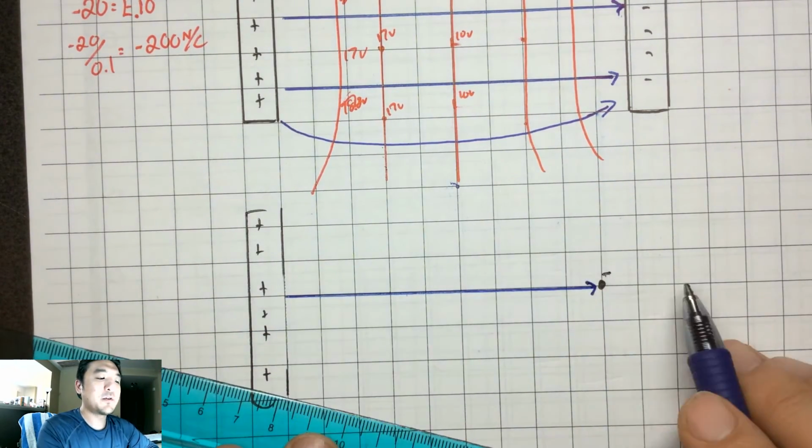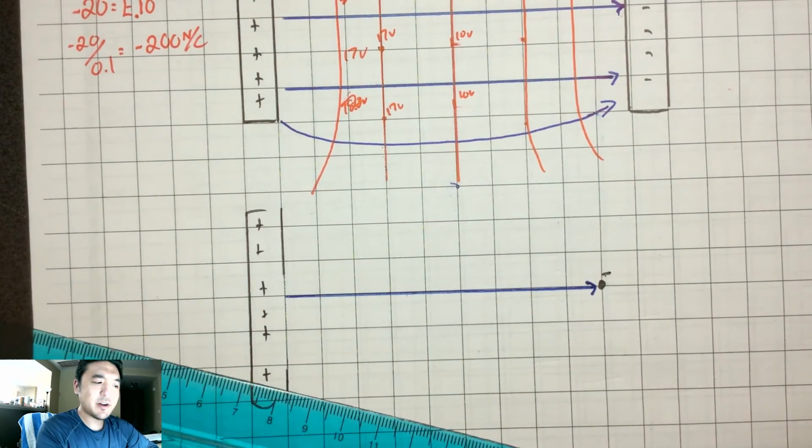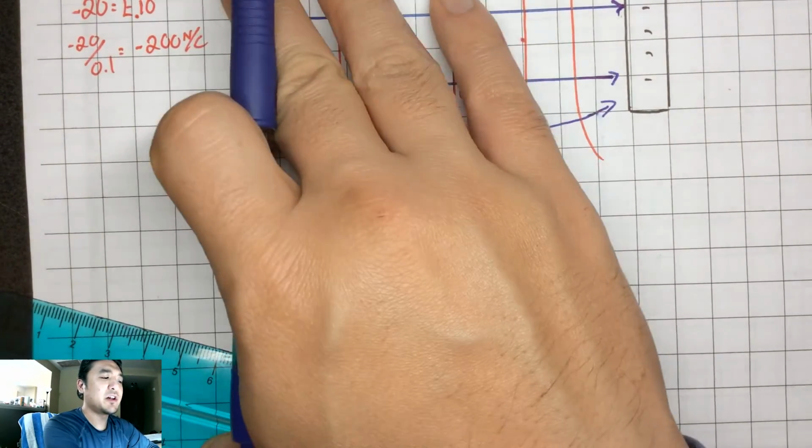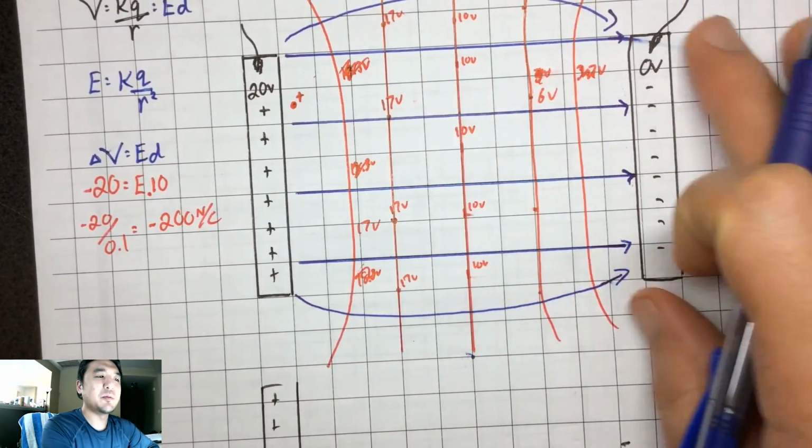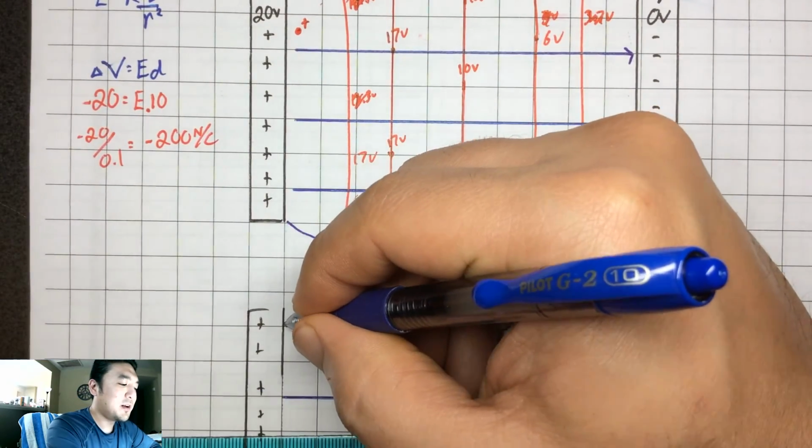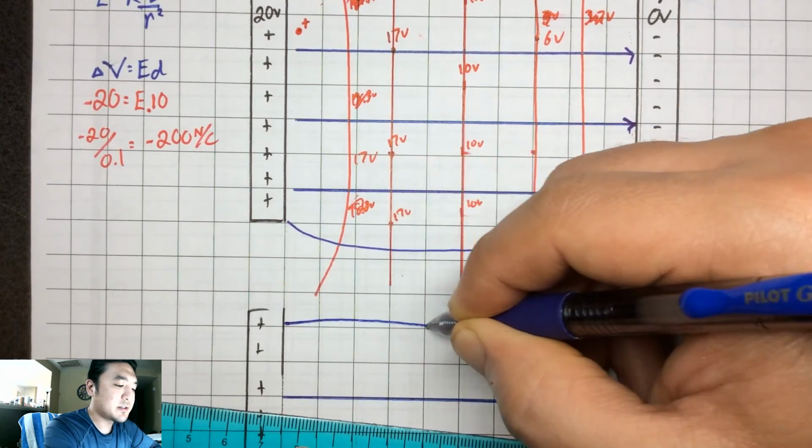And the value for the electric field here might actually change depending upon how close we get to this other charge. Here, the electric field stays pretty constant between the two plates. But then we should get something that kind of does this.